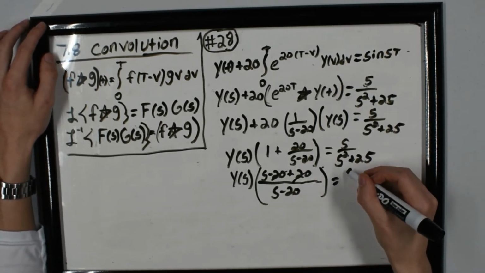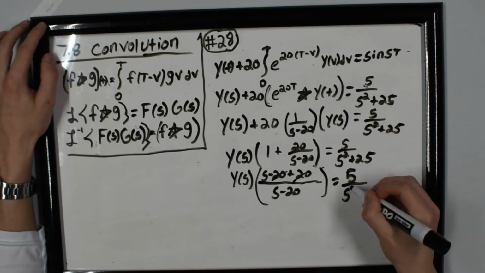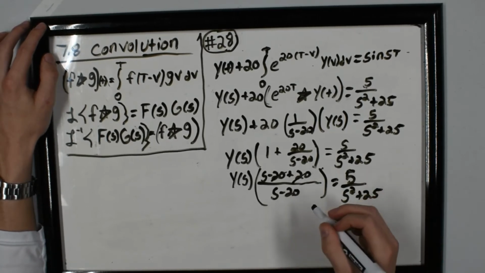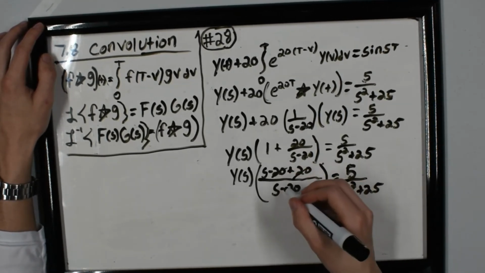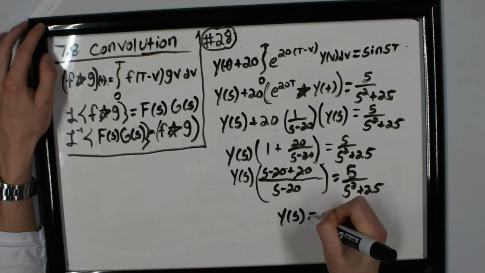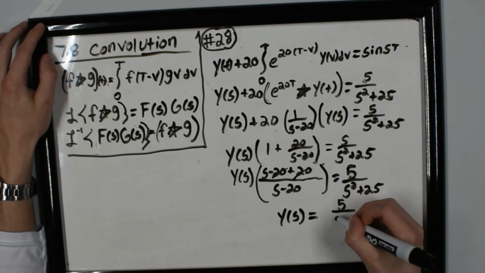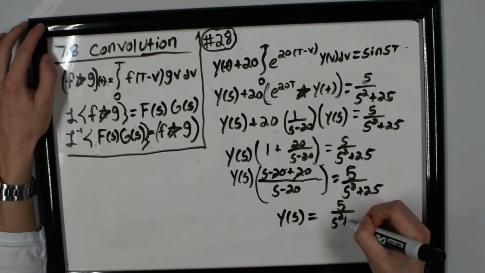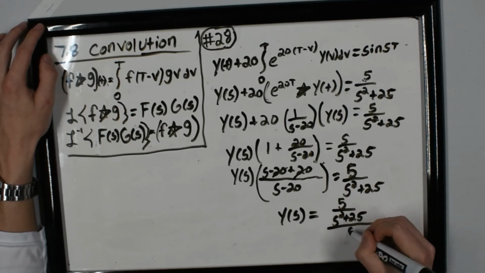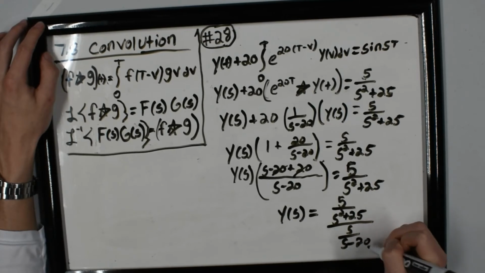Is equal to 5. That's a 5, not an s. Just remember that, I know they look similar. So we're left with s over s minus 20, which I'll divide over to the other side. So Y of s is equal to 5 over s squared plus 25 over s over s minus 20.